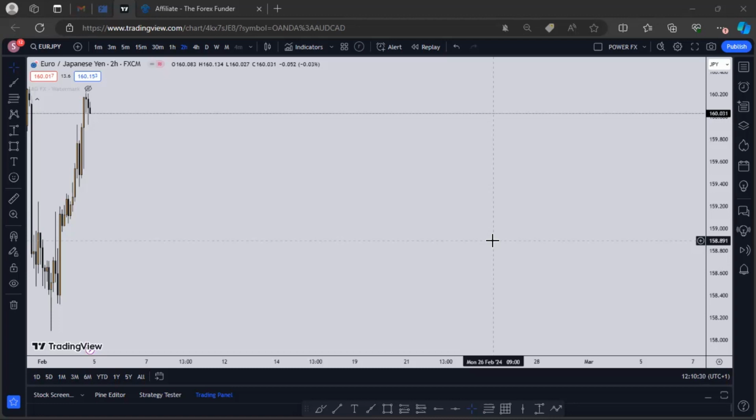So an order block is the last bearish or bullish candlestick causing an impulse move to the anticipated direction and also causing a break of structure.